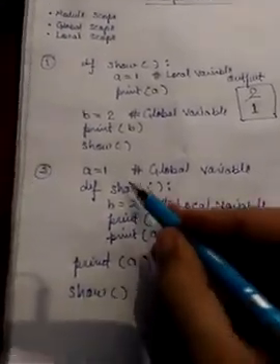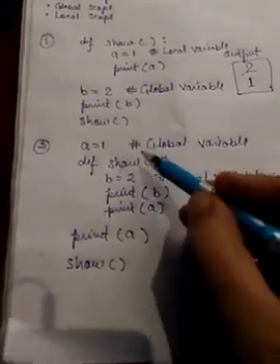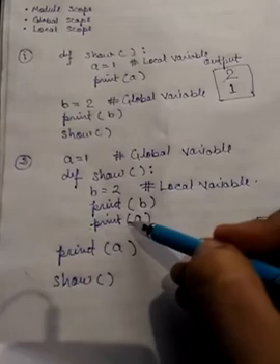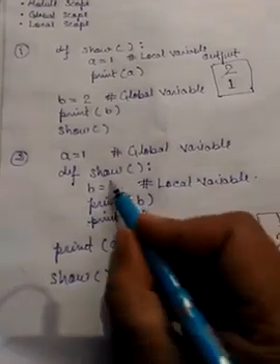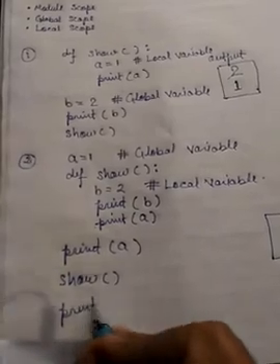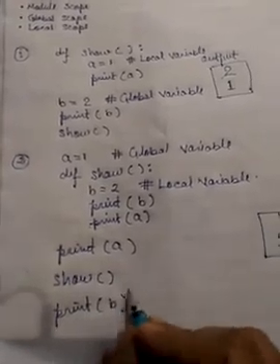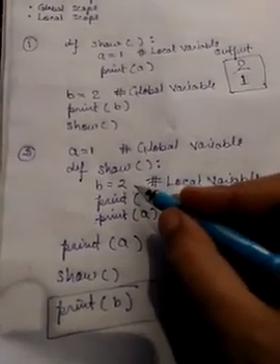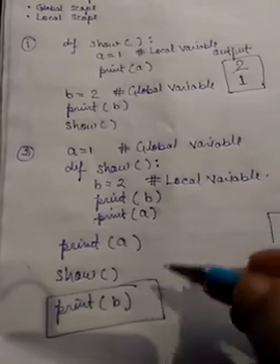So the global variables are those variables which are declared above all the functions and they are available within all the functions throughout the program. But if you write print B over here, then this will produce an error because B is a local variable, it is not accessible outside the function.